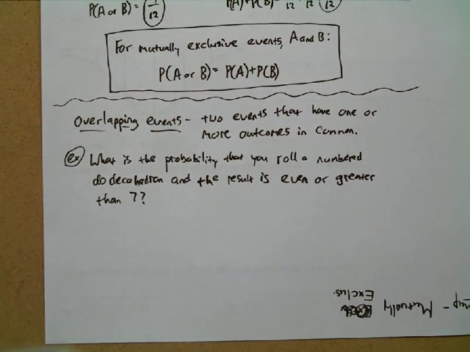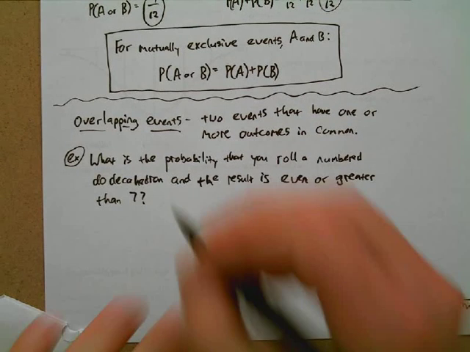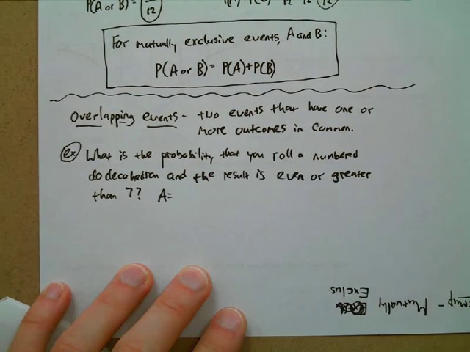Okay, so I won't make us do the sample space again because it's the same situation. It's a dodecahedron, right? But I do want us to talk about event A and event B. What are our two events in this situation? Event A is still rolling an even number.